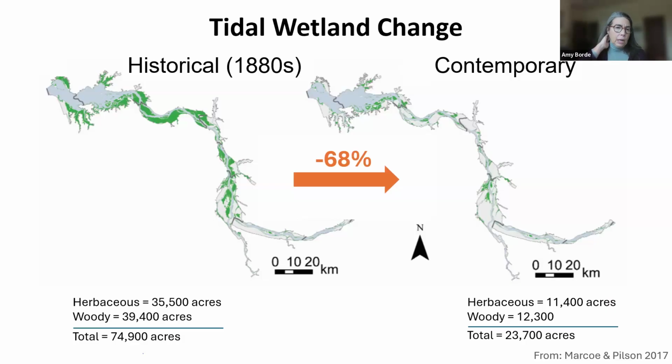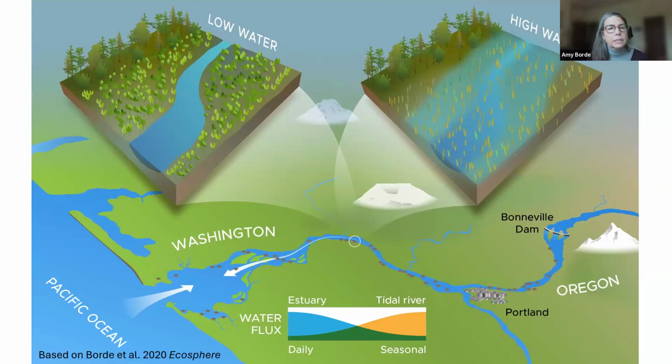Over the years, myself and other colleagues in the estuary have done a lot of research to try to understand this very dynamic system. As I mentioned, the tide extends all the way to Bonneville Dam, but it's also a very big river. So we have that interaction between the ocean tides and the river flows that really creates a very strong gradient of change in hydrology as you move from the mouth up to the dam.